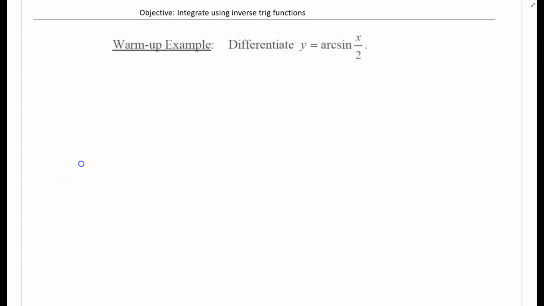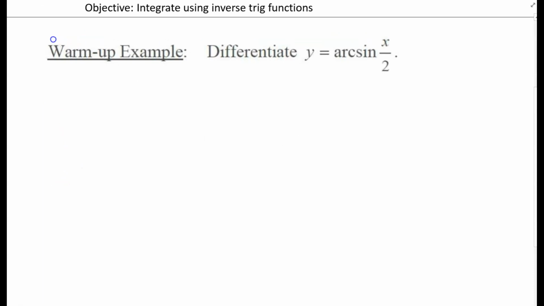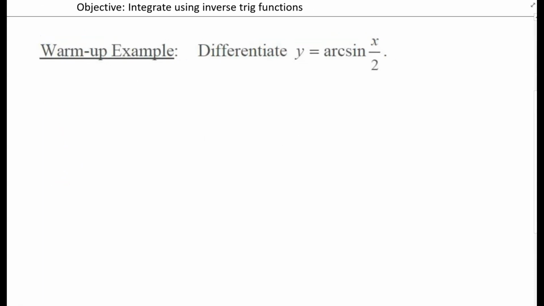All right, so here is a warm-up example to show you that a value that we were talking about. Here they say differentiate arcsine of x over 2. So this is sine inverse of x over 2.